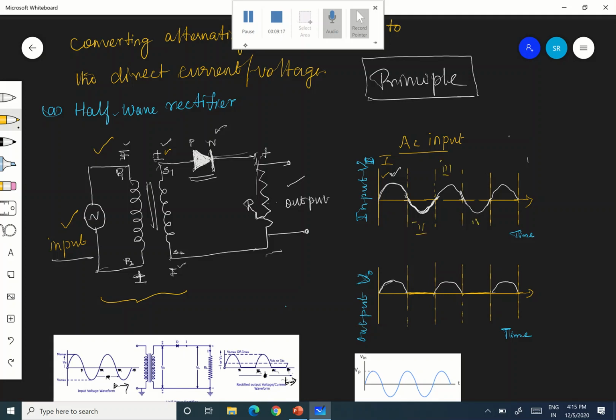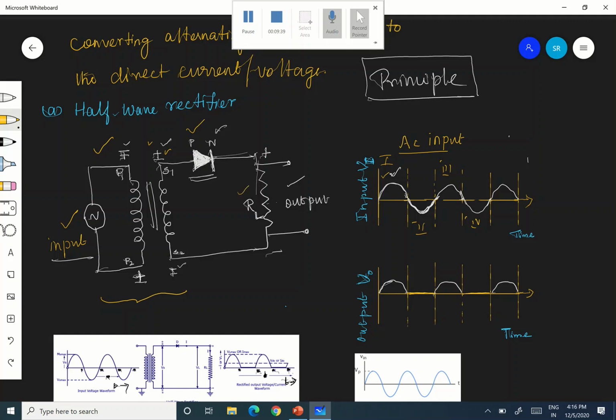Therefore, in the first half cycle, S1 is positive. S1 positive means the P side of the PN junction diode is connected to positive, and S2 is negative, so N, through the load resistor, is connected to negative.